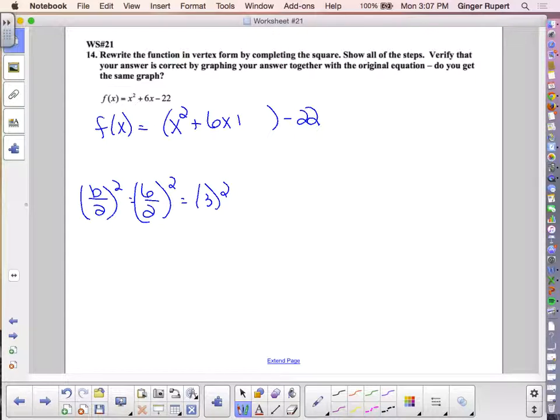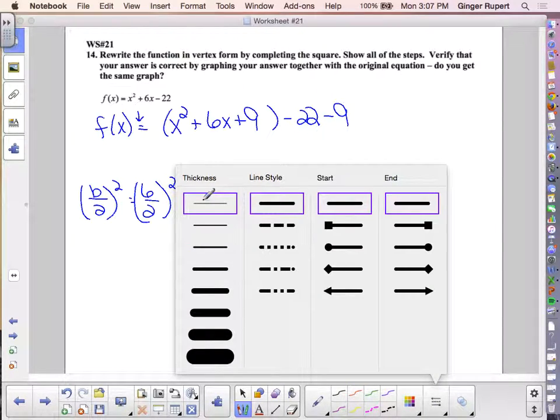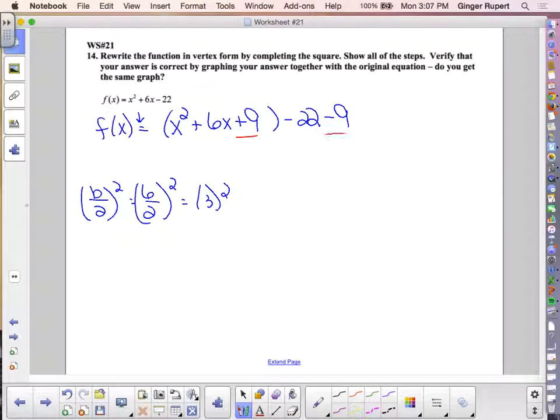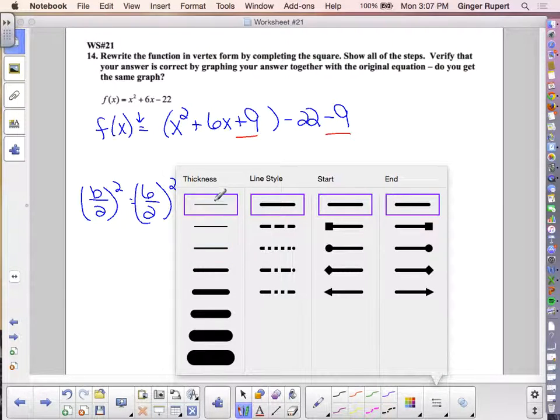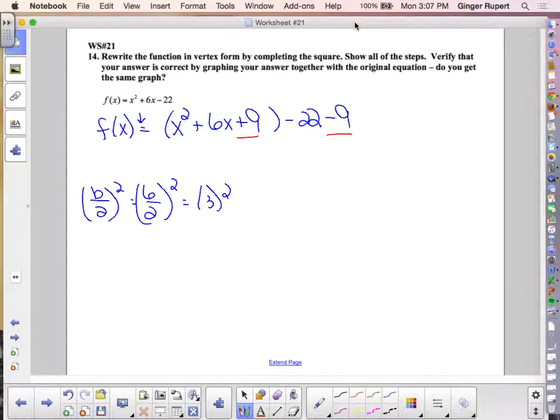I'm going to add it inside the parentheses, but I'm on the same side of the equal sign, so I'm going to subtract it outside. When you look at that, because it's on the same side of the equal sign, it should be a net 0. That means when you put them together, it should have had no effect on the equation. It should be a net 0.